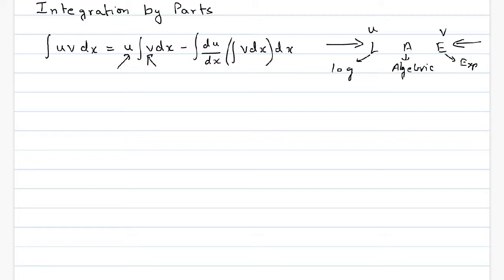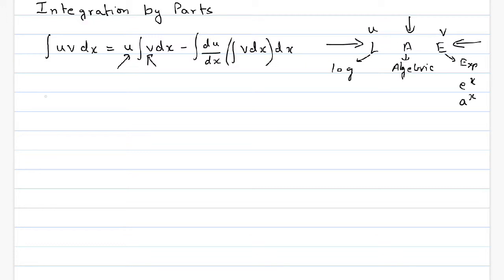So if we have a function of log, it will always be u. If we have an exponential, e raised to x or a raised to x, that will always be v. And algebraic, depending on which one we have, log or exponential, can be taken as u or v.